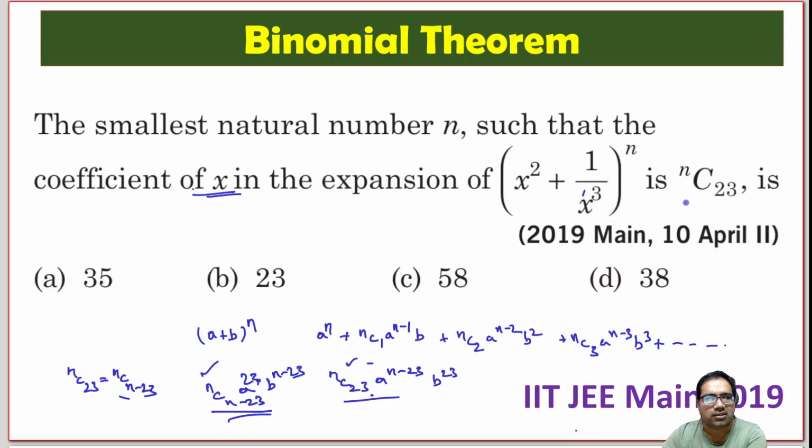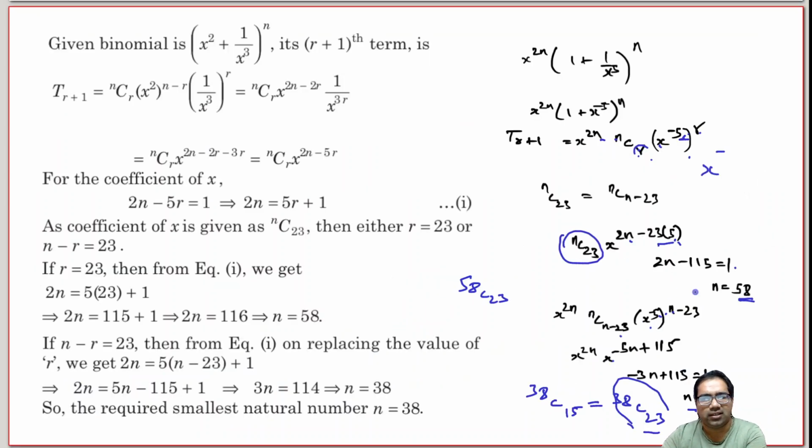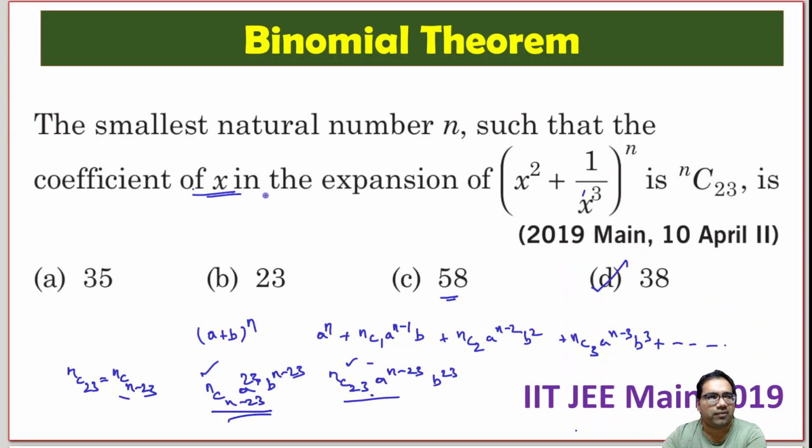But here we are asked about the lowest n. So 58 will also work, but the lowest n is actually 38, not 58. 58 is also an option where the power of x is 1 and the coefficient is 58C23, but 38C23 is also working. So we should pick 38 as n, because 38 is smaller than 58.